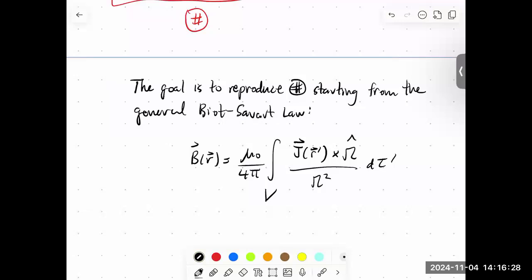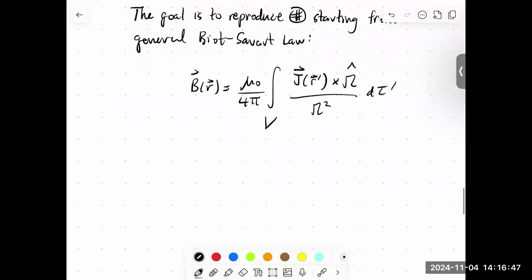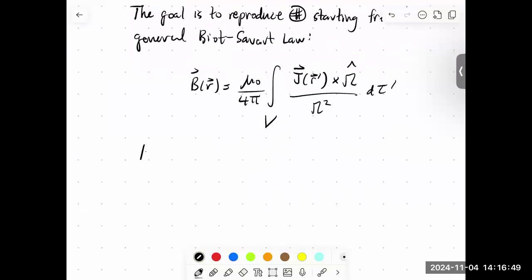That's important because what we're going to do is take the divergence and curl of this expression, and we have to know that the del operators are going to act on unprimed coordinates, and the integral is over primed coordinates. And so we're going to have to keep that straight. So let's make some notes about that.